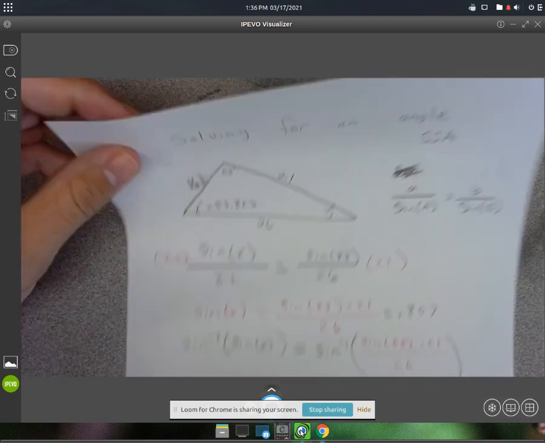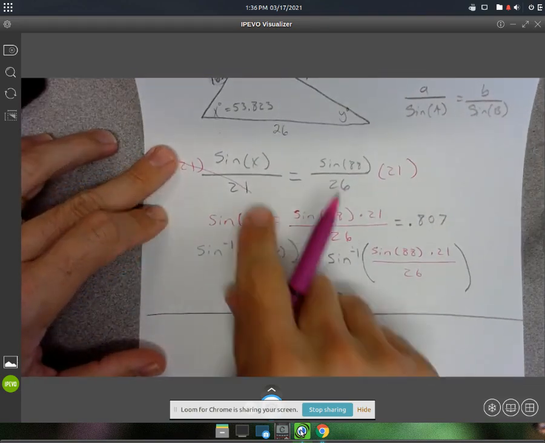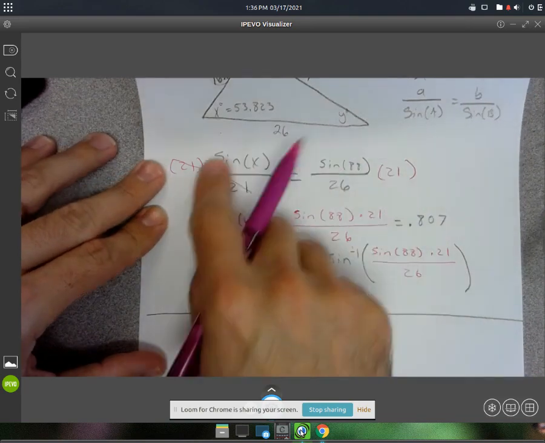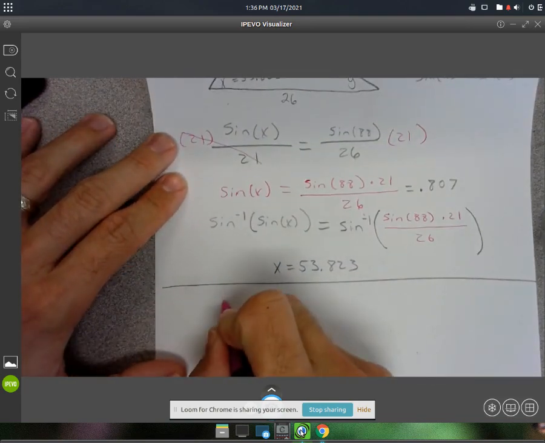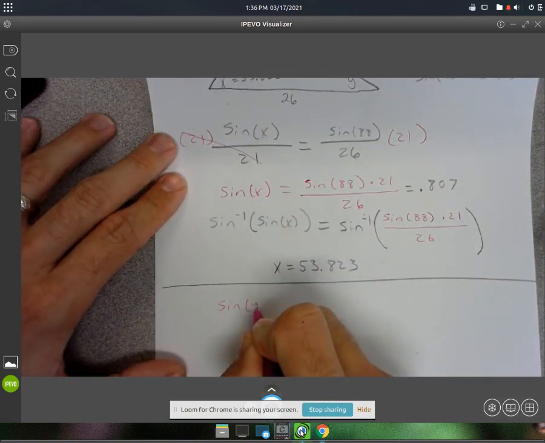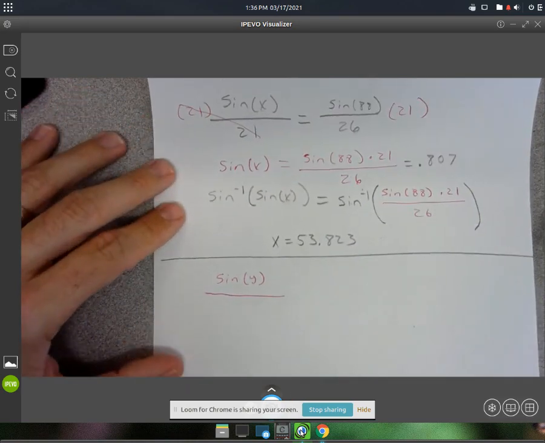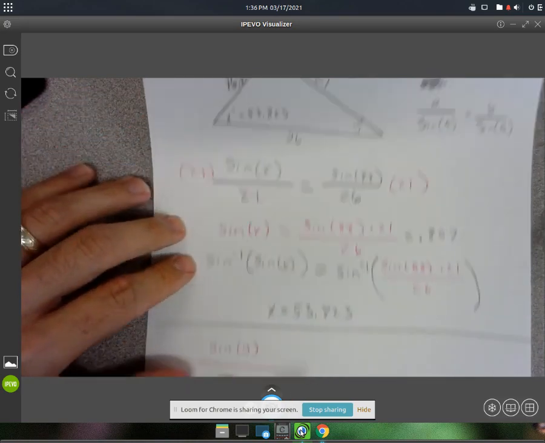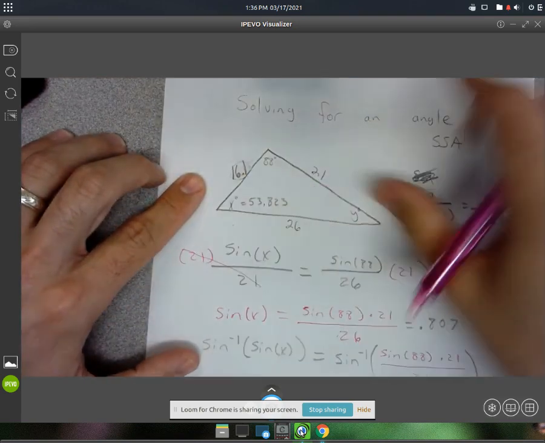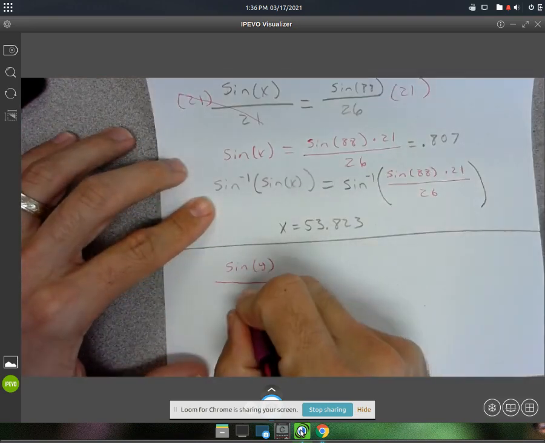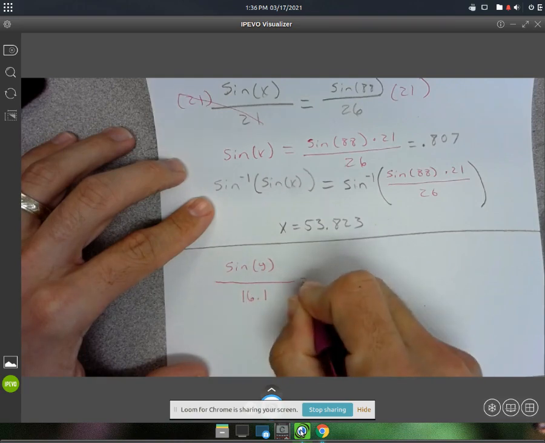All right, so my equation is actually going to be identical to this one up here. I'm going to have sine of y. That's my top part because I'm solving for y. And that is across from this 16.1.